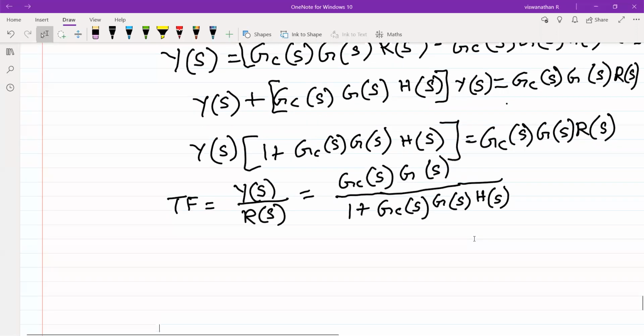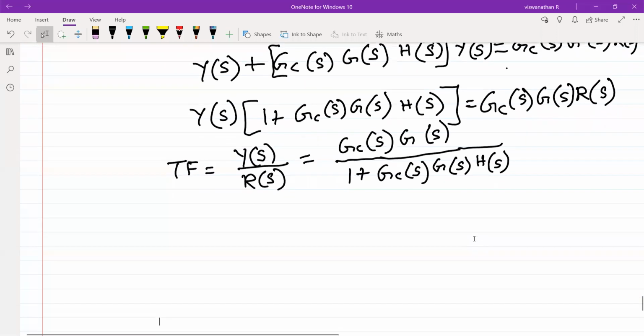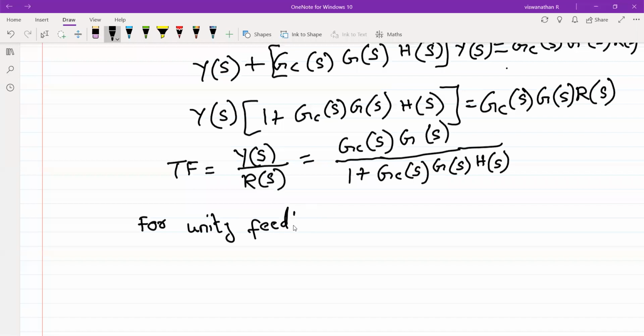Now, what is H(s) for a unity feedback system? For unity feedback, H(s) is equal to 1.